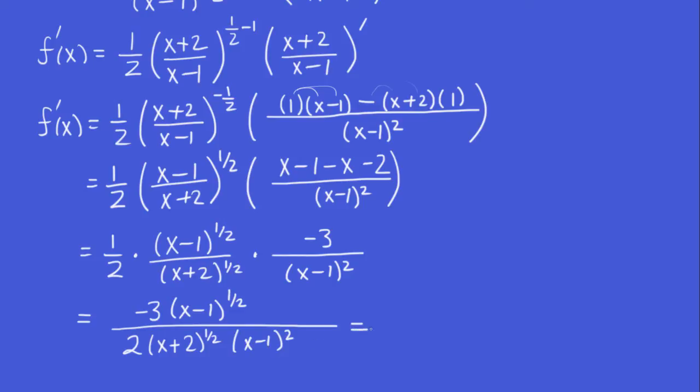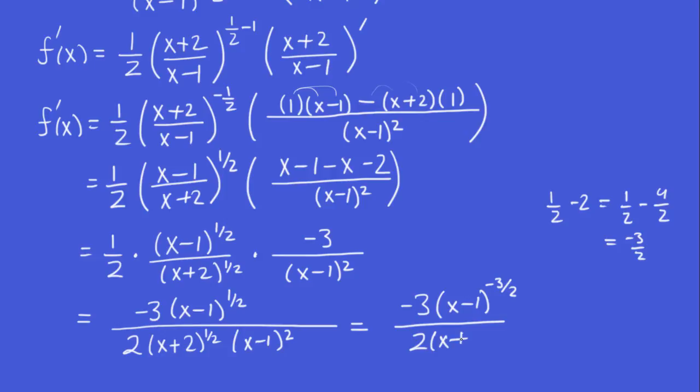The powers of x minus 1 here are common, so we can subtract those exponents, right? We get a half minus 2. (x minus 1) to the power of a half minus 2. What is a half minus 2? Well, it's negative 3 halves, right? So negative 3 halves goes up there. And the bottom is just staying as this.